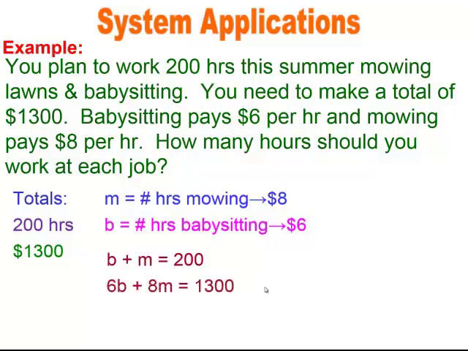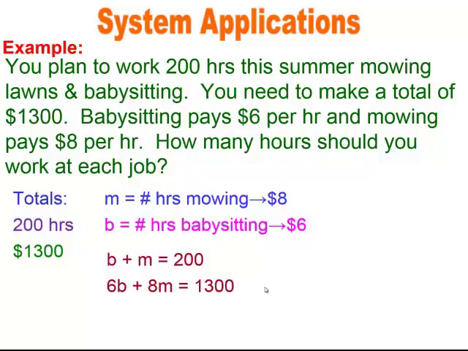So in this case, I'm going to have $6 per hour for babysitting, and I'm going to have $8 per hour for mowing lawns, and those dollar amounts are going to equal $1,300. So now this is the system of equations that represents this application problem.